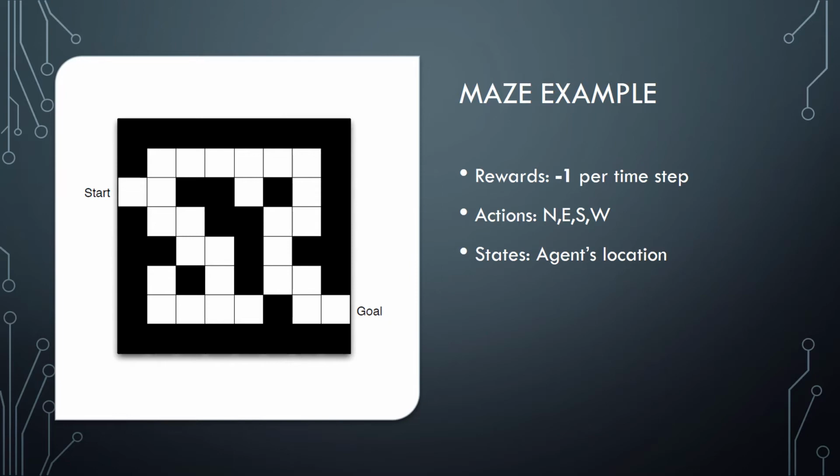The idea is to start here and end here. We want to finish it as quickly as possible, so we have a -1 reward for every time step. Optimal control would be to move in the least number of steps possible. We have 4 ways to traverse, or 4 actions, and the state is the agent's location.